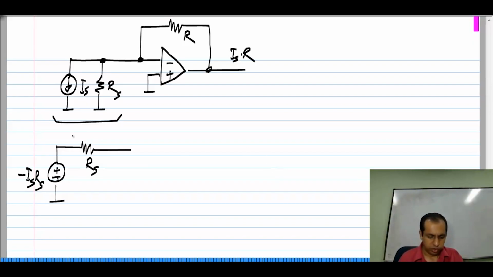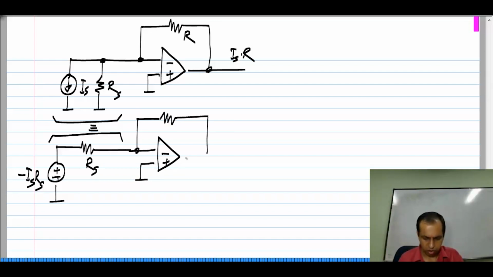Okay. So, these two are exactly equivalent. And now, the output voltage is still exactly the same, Is times R.